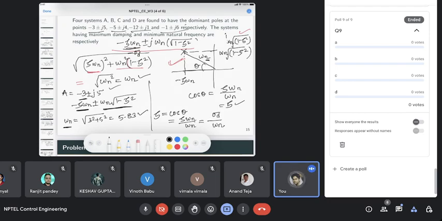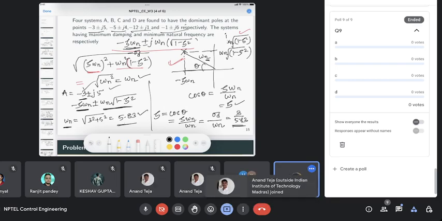Omega n we already calculated here, so it is 3 by 5.83. So you just compute this for all systems. Then you can compare which system has the maximum damping and the minimum natural frequency. Is it clear? I'm not going to solve it because it's just straightforward.